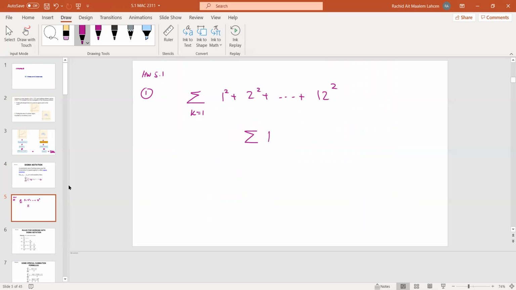Well, the short form of it is k squared, with k equal 1 up to 12, all right? So if we had this form, we should be able to break it apart to this, right?